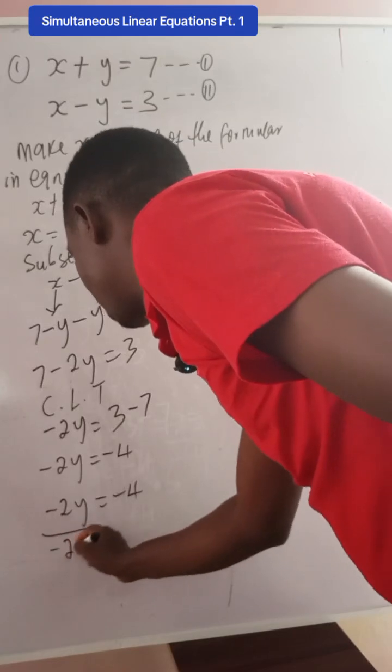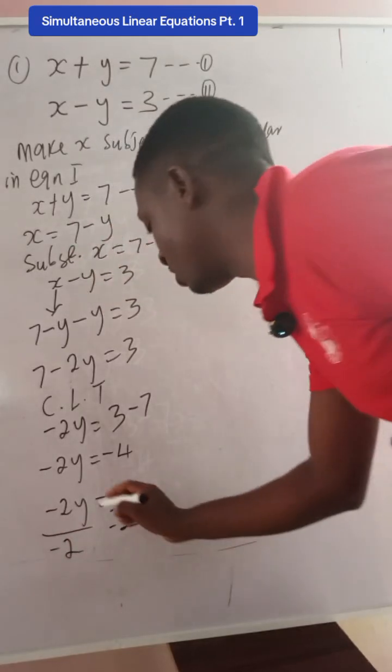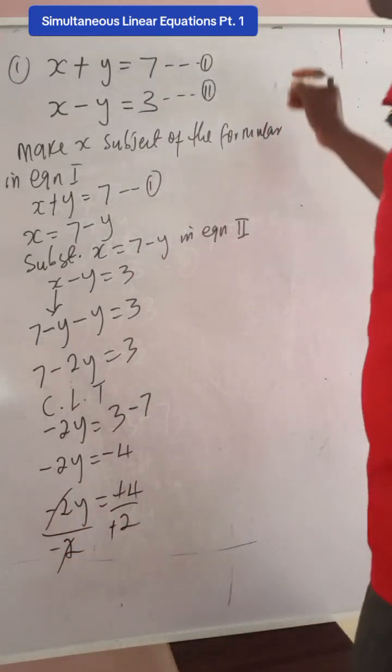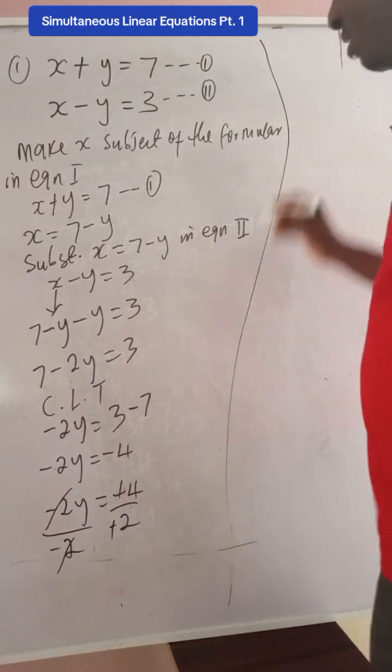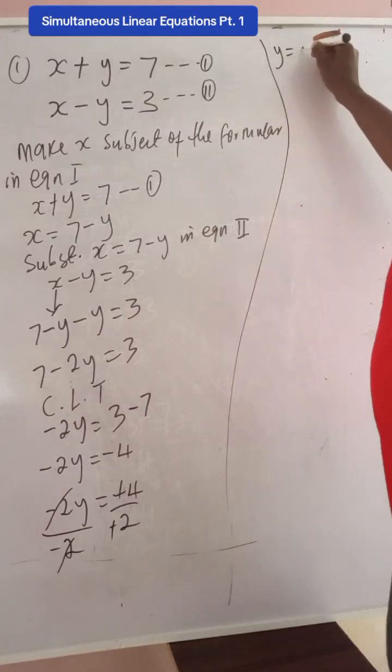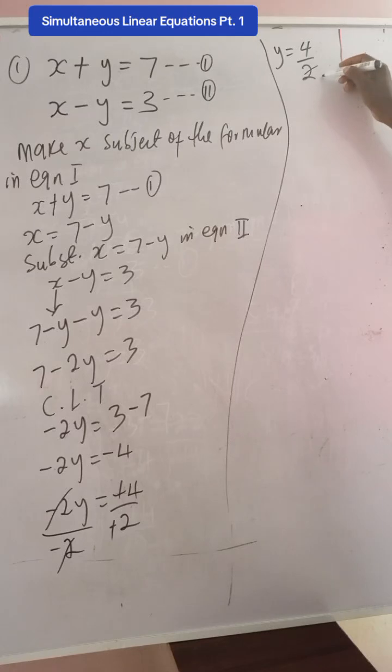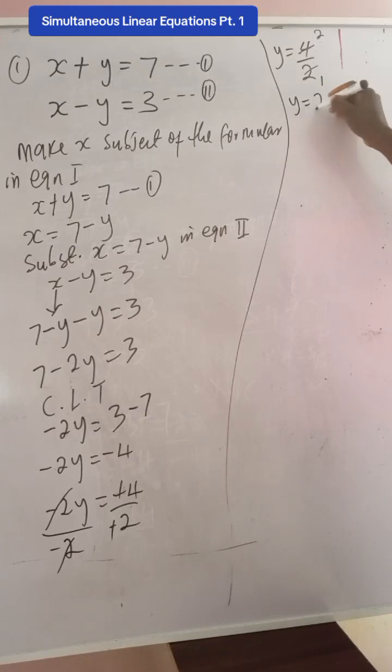So we divide both sides with minus 2. Minus 2 cancels minus 2, minus cancels minus here. So we now have y is equals to 4 all over 2. 2 goes into 4 two times. So y is equals to 2.